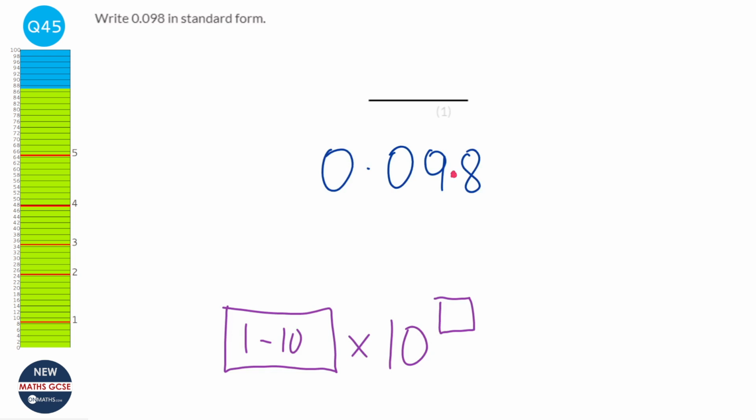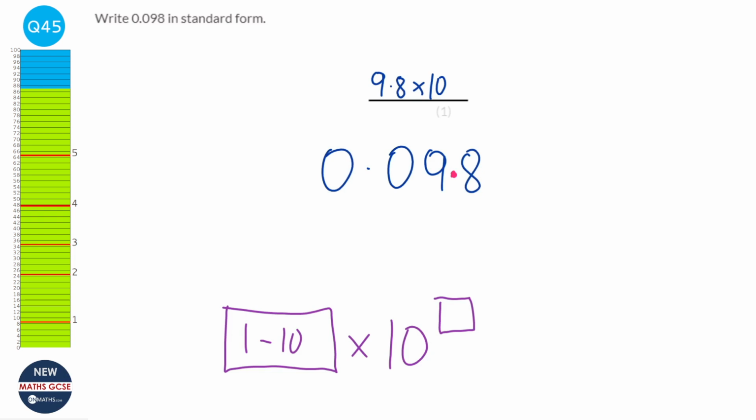So if I put it in here, that would make it 9.8, and we're ignoring the zeros to the left-hand side. So we know that our standard form is going to start off with 9.8 times 10 to the power of something. Now this times 10 is always going to be there. It's never divided by 10 or anything like that. It's always times 10.